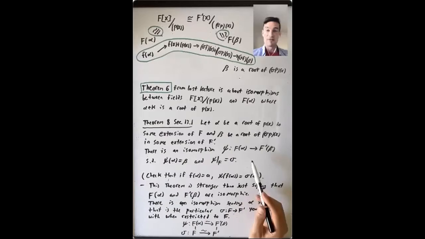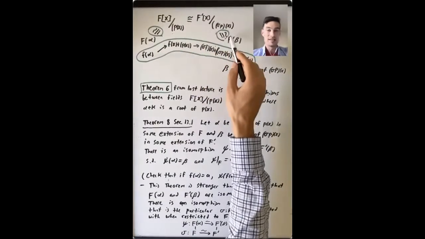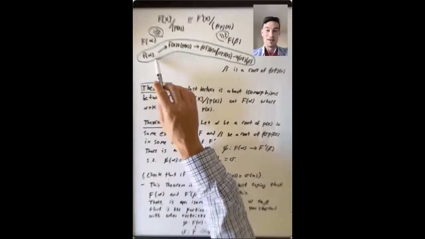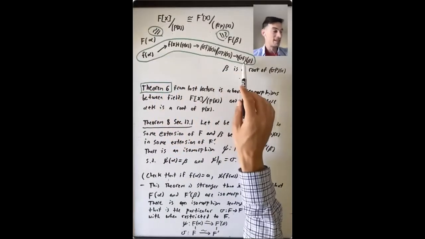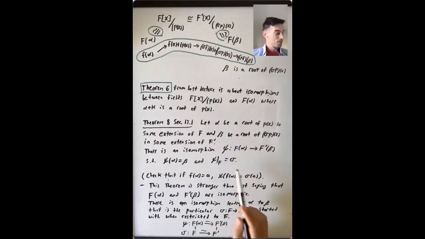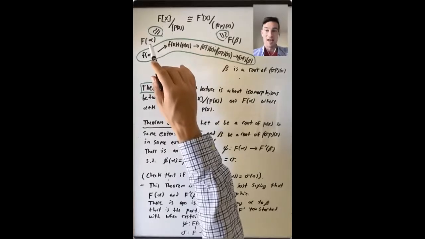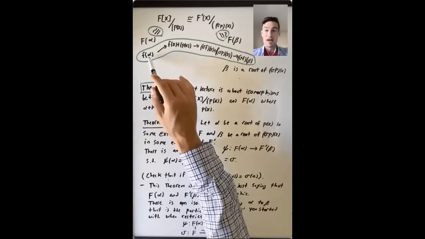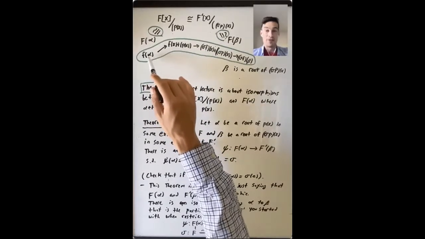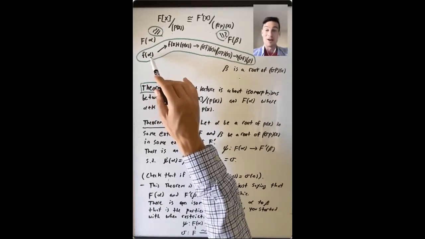So what's the one part that we haven't proven yet? Well, what is this isomorphism ψ? It's just the composition of all of these isomorphisms. So you start with f(α), and it eventually gets sent to σ(f)(β). And what we haven't checked yet is that this isomorphism restricted to F actually is σ. So where is F contained in F adjoin α? Well, the elements of F adjoin α are these polynomials in α, and we get a copy of F inside of here as the polynomials that are degree 0 in α.